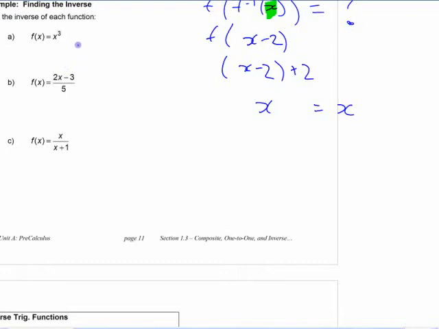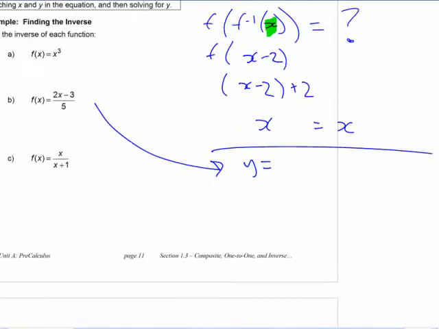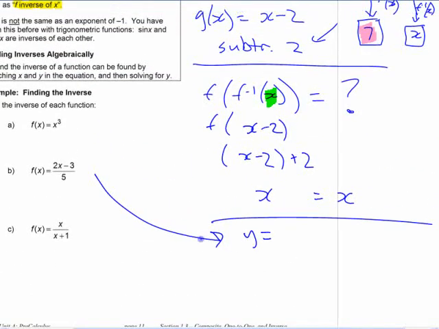I want you to try for these, at least one of them. Maybe not part C, because that's a little bit of fiddling around, because the x is in more than one place there. But let's say for this one, find the inverse. Do you remember how to find the inverse from grade 12 or grade 11? If it's going to undo it, right, you switch x and y.